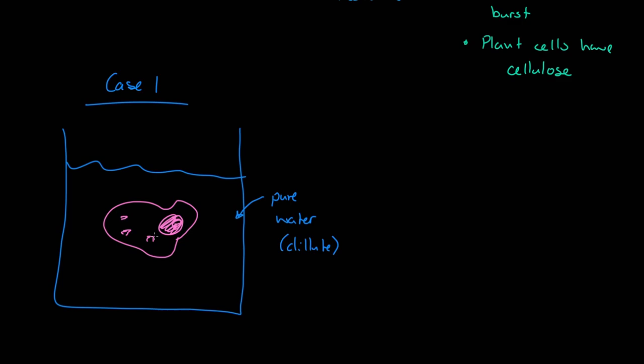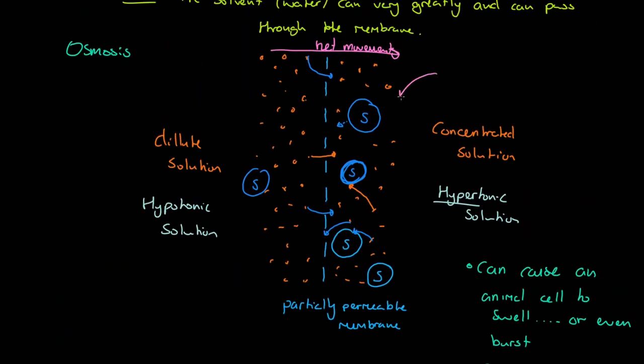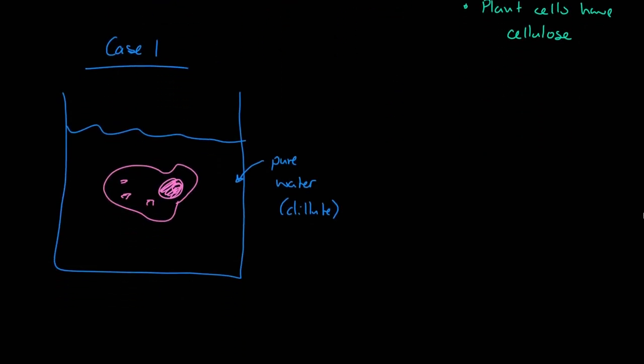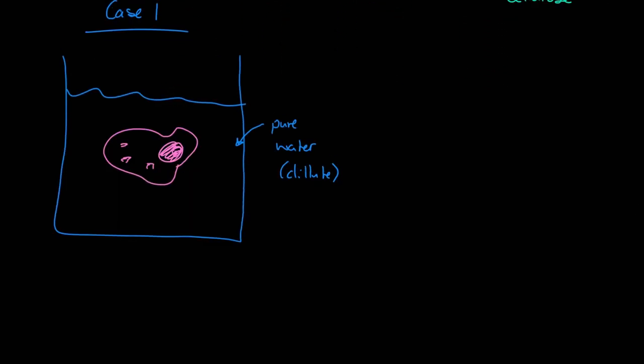And what we're going to find in this situation is, because inside the cell, effectively, we're in this case, this pure water from the external environment will start to move into the cell via the process of osmosis like this, and the cell will swell up. So we need to write here the cell expands, and we can say here it can burst.